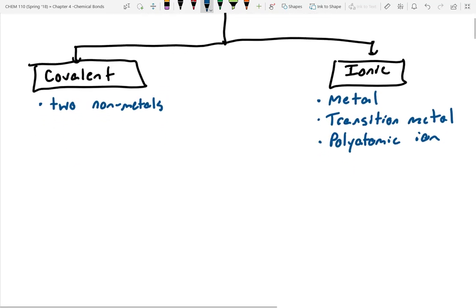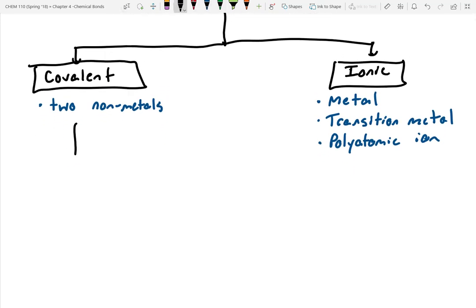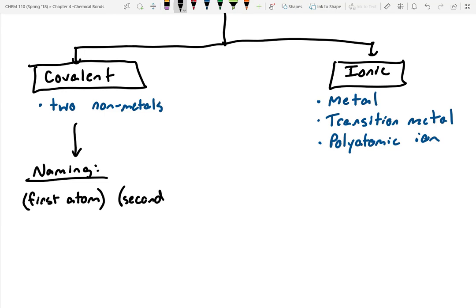Okay, and then with covalent compounds, the naming system is pretty straightforward. And the naming system, if you remember, always goes first atom, and then second atom, with an IDE suffix.